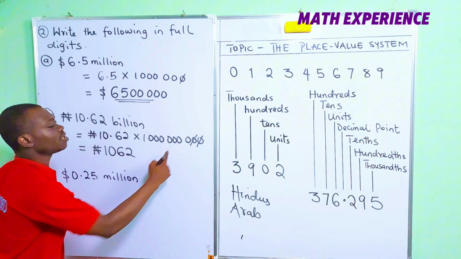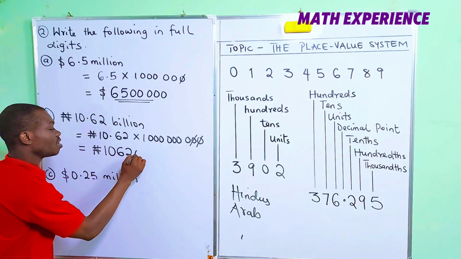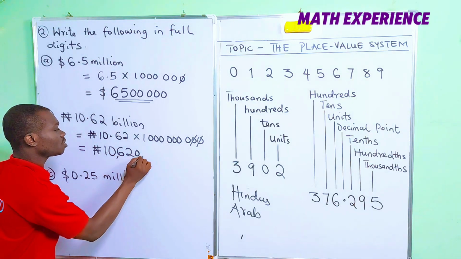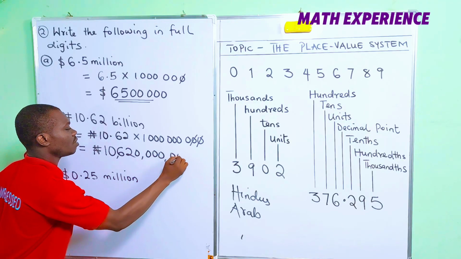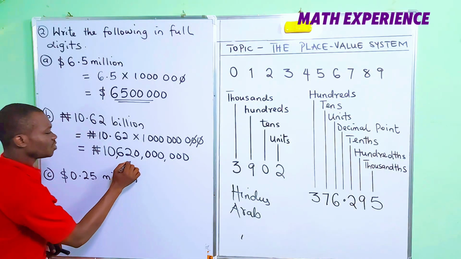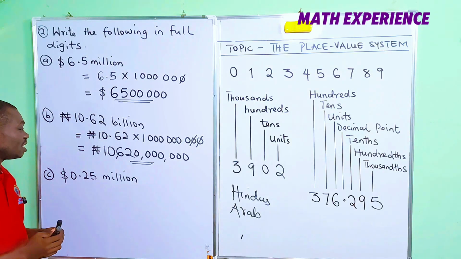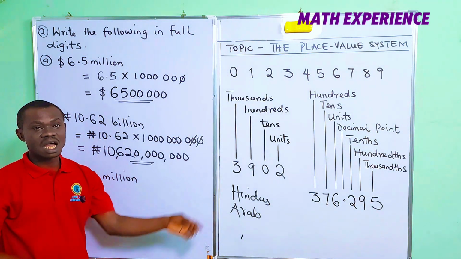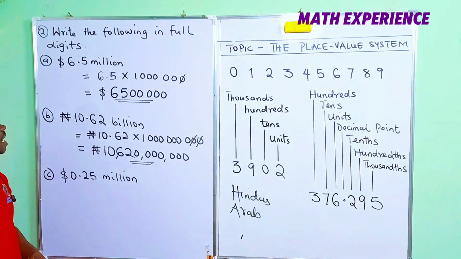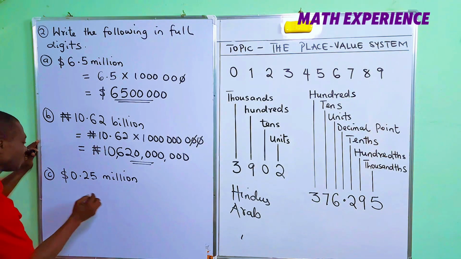And then the remaining zeros, you will attach them here. So you have 0 here, you can put a comma here if you want, then these 6 zeros will come here. All right, and you are done. So your value is simply 10,620,000,000.